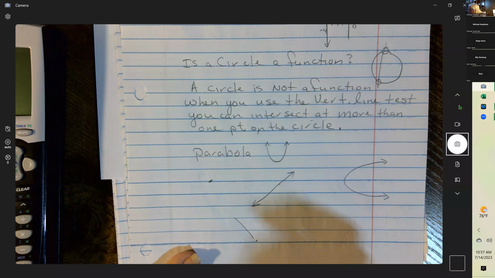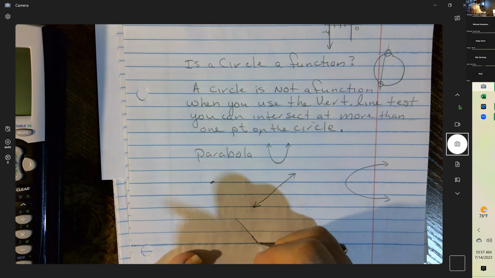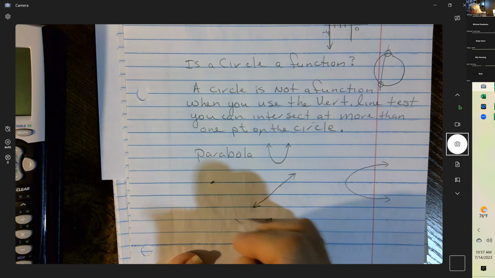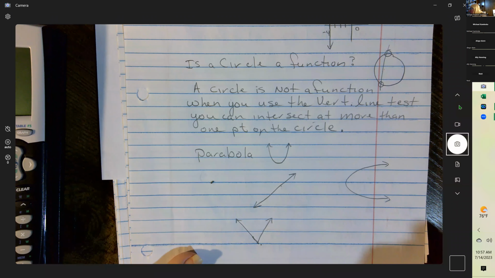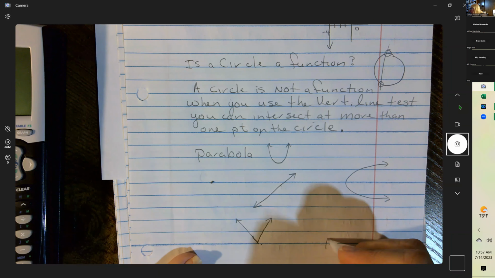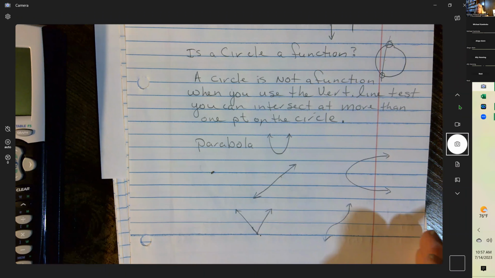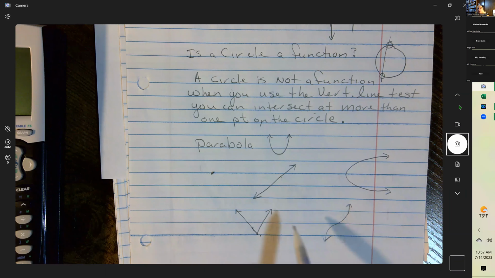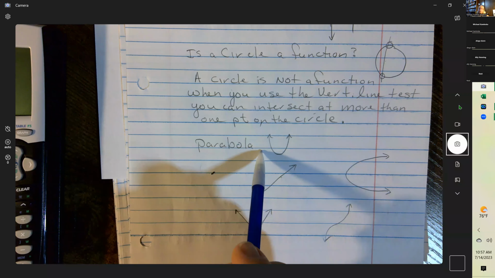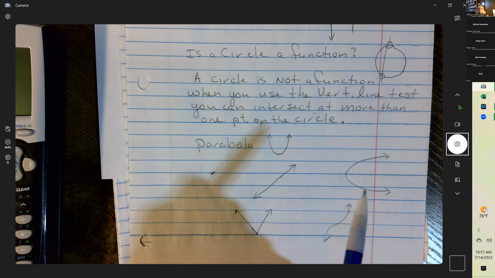Absolute value is a V. Cubic function looks like a snake. So I will either have a graph. Parabola, you should know what a parabola looks like. Circle, you know what a circle looks like. And I'll ask you if it is a function, and then you tell me why it is or is not. Any questions on that?